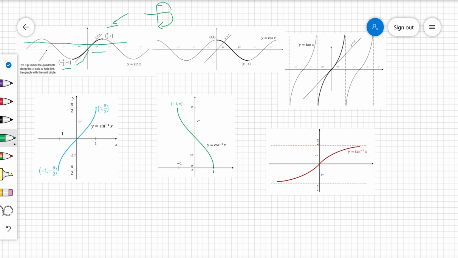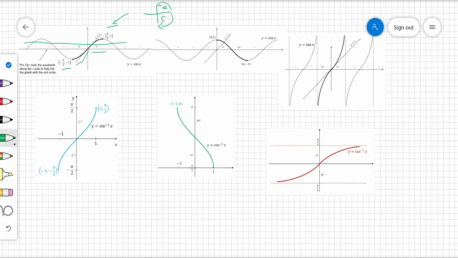So we're looking in that first quadrant, the A quadrant, and the C quadrant. Just remember that as you do the questions. So for sine, we're looking just in the first and the fourth quadrants.